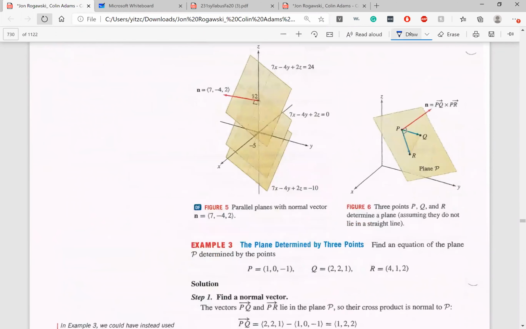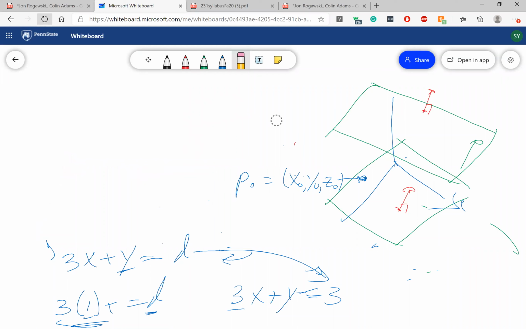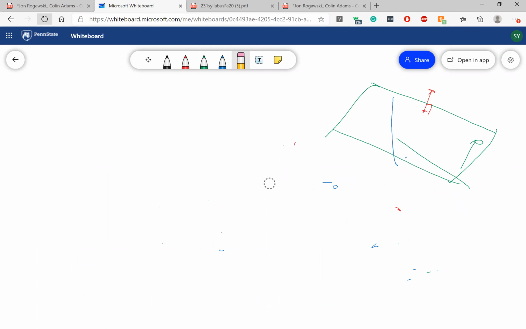Now another thing that in general we can do with planes is the following.